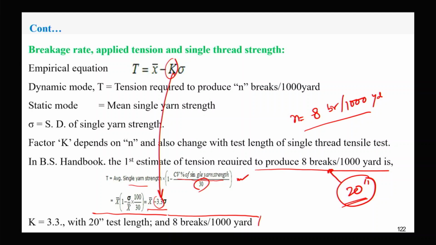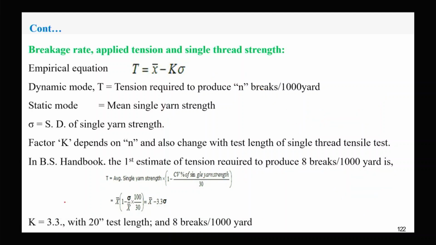So to use this equation, we have to first get the K value 3.3, because this is the known value, and to use K as 3.3, we have to bring our conditions to n equal to 8 breaks per 1000 yard and gauge length 20. If it matches, then only we can use K as 3.3. That we will discuss through the numerical.